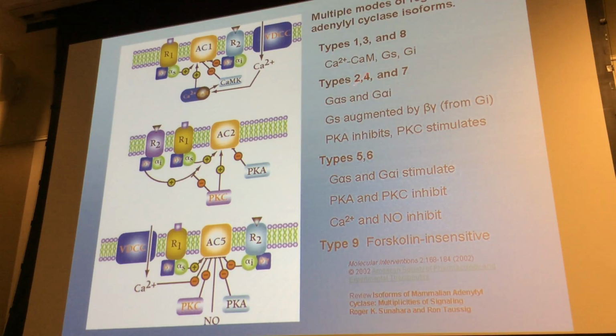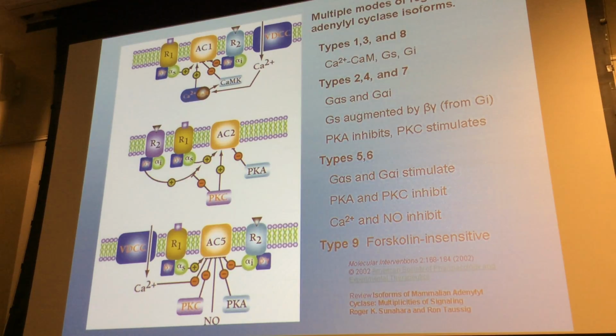Now this other one, the 2, 4, and 7 subtypes, these have a very perturbing way of doing things, because now they're stimulated by GS and they're inhibited by GI, just like the others are, except that once the beta gamma has been released, it augments that stimulation by GS.